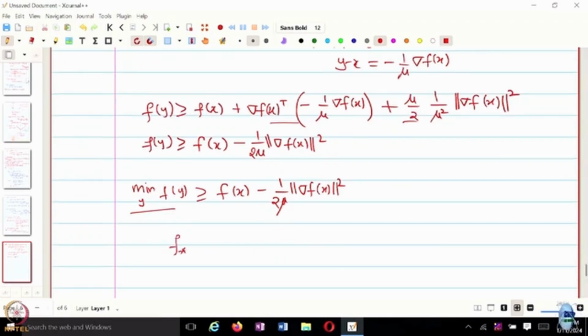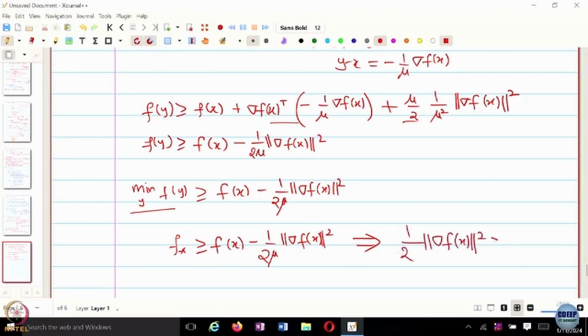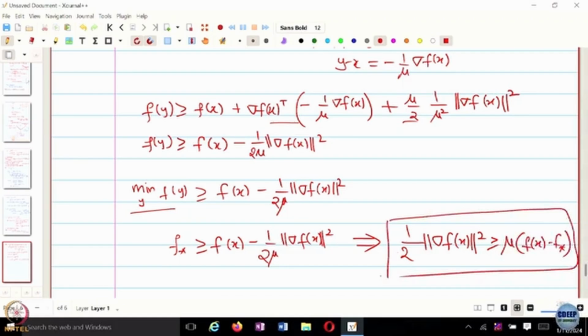So f star is greater than or equal to f of x minus 1 over 2 mu times the norm of the gradient squared, which is your PL inequality. Okay.